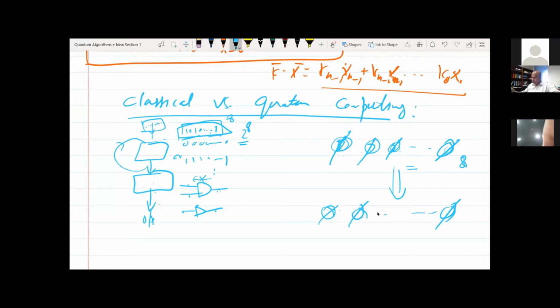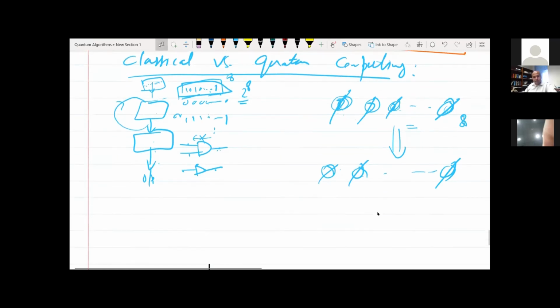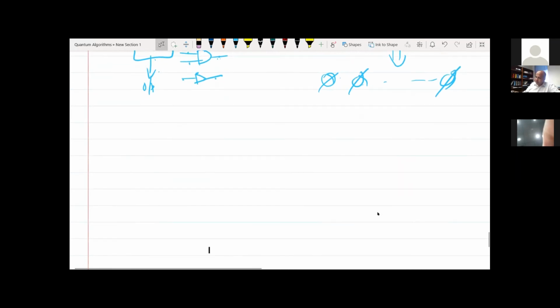Okay, so in general, quantum algorithms essentially work like this: we generally prepare a superposition state, which is the superposition of all possibilities, and then we do some processing.